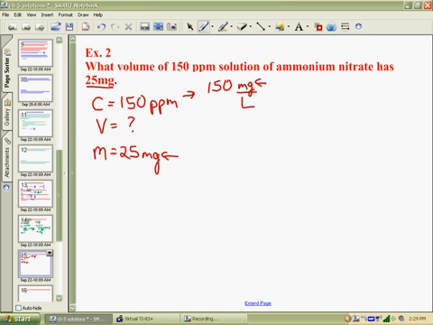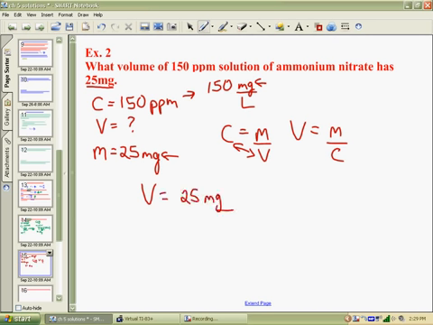I'm going to be able to use those two concepts together without having to convert any units. Again, my main formula, C equals m divided by volume. To rearrange for volume, you would have V equals m divided by C. So we take our mass, 25 milligrams, divide by a concentration of 150 milligrams per liter.